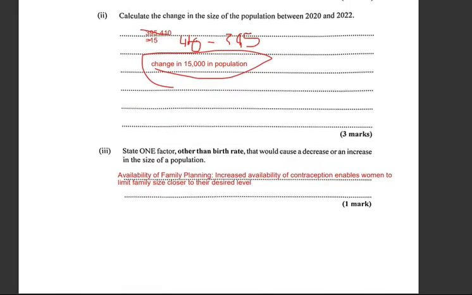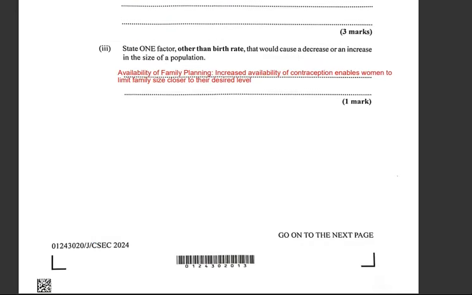Alright, we're moving along. Number 3 here, it says state one factor other than birth rate that would cause the decrease or increase in the size of population. So the factor would be the availability of family planning.